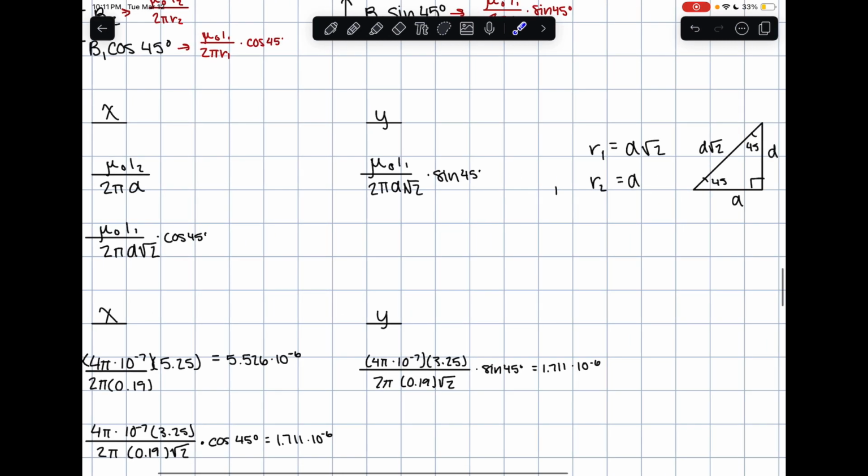And then for the y equation, we're going to do that process another time. We plug in the constant, plug in the current of I1, put it over 2 pi times the distance of 0.19 times root 2, then multiply by sine of 45 degrees, and we get 1.711 times 10 to the negative 6.